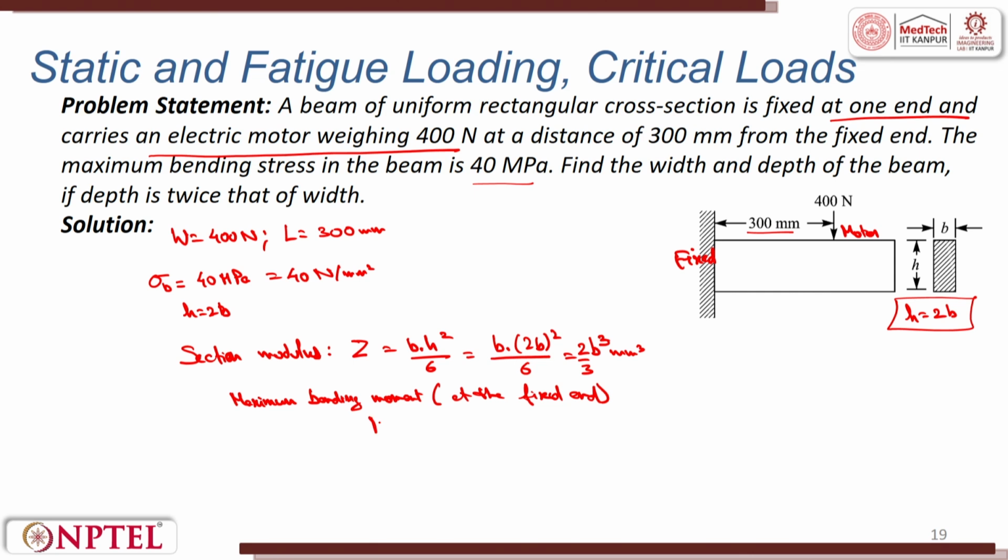This is denoted by M is equal to weight into length, that is 400 into 300. Directly it is Newton and millimeter. So this is equal to 4 threes are 12, 12 into 10 raised to power 4 Newton millimeter.